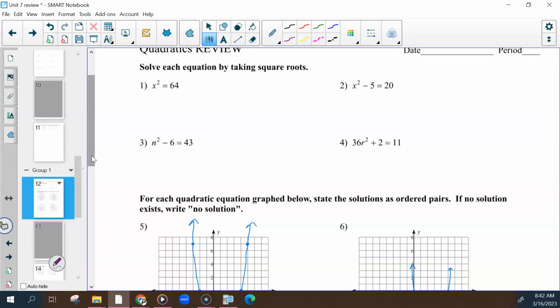For number 4, same process, except add or subtract first. Get rid of this 2. And then divide both sides.